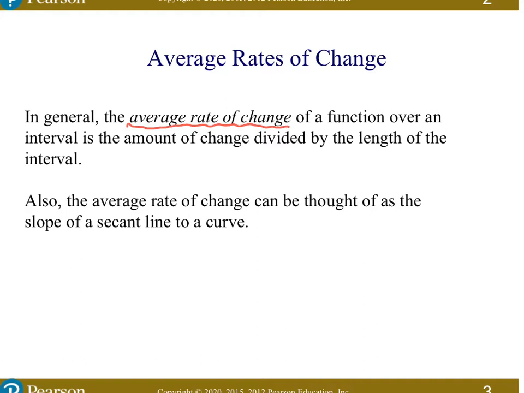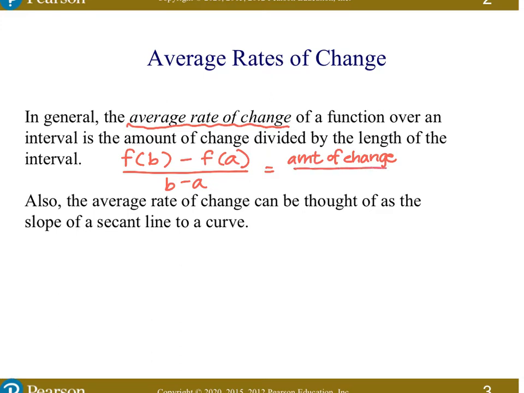The way we write that is like this: f of b minus f of a over b minus a. This is the amount of change on the top, which is f of a higher number minus f of a lower number, divided by the interval on the bottom.